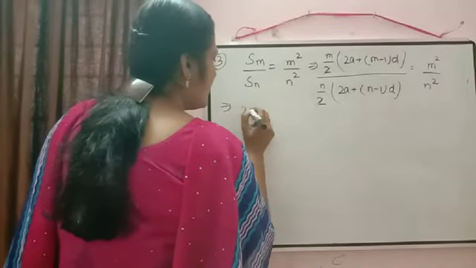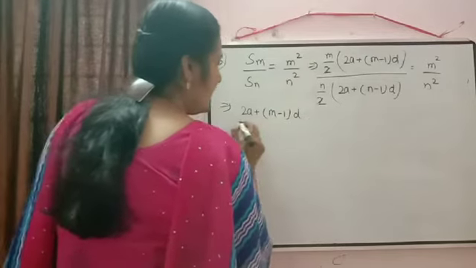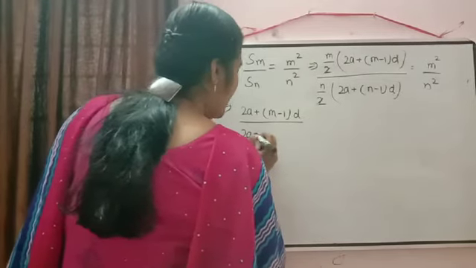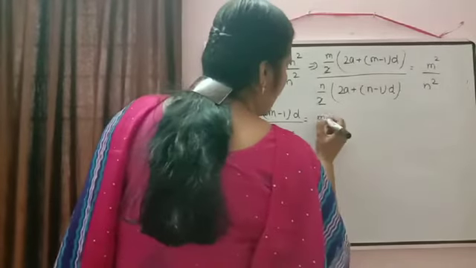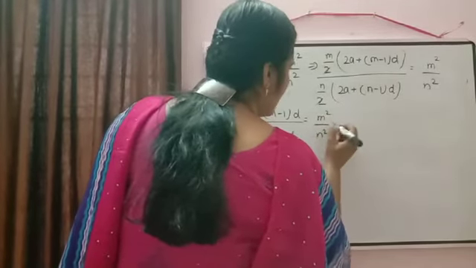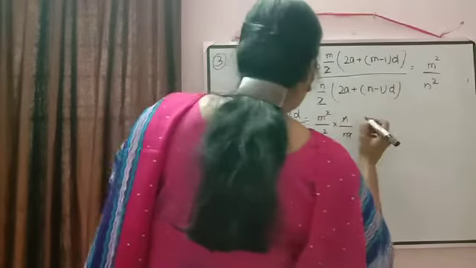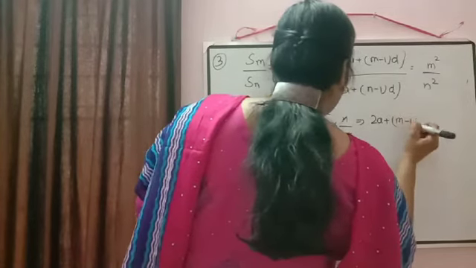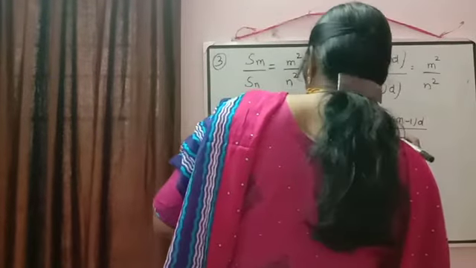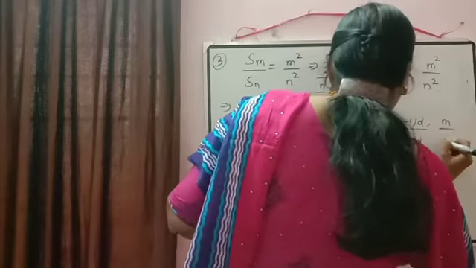So remaining it will be equal to 2a plus m minus 1 into d by 2a plus n minus 1 into d is equal to m square by n square into n by m. So here one m and n will get cancelled. So remaining it will be equal to 2a plus m minus 1 into d by 2a plus n minus 1 into d is equal to m by n.